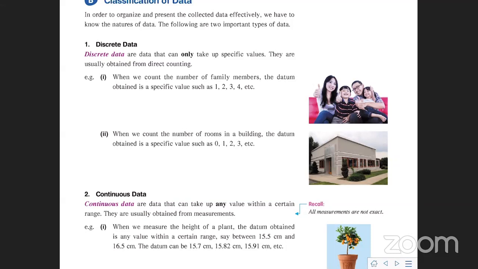There is nothing in between, we don't have something like 1.5 family members. Therefore these are called discrete data. Or for example, when we count the number of rooms in the building. Most of the time when you need to count something, you will have discrete data.